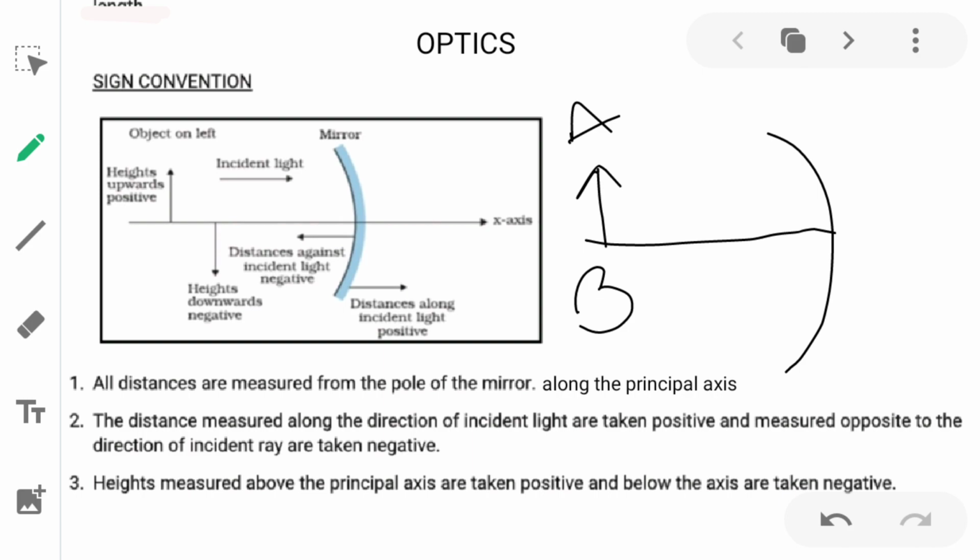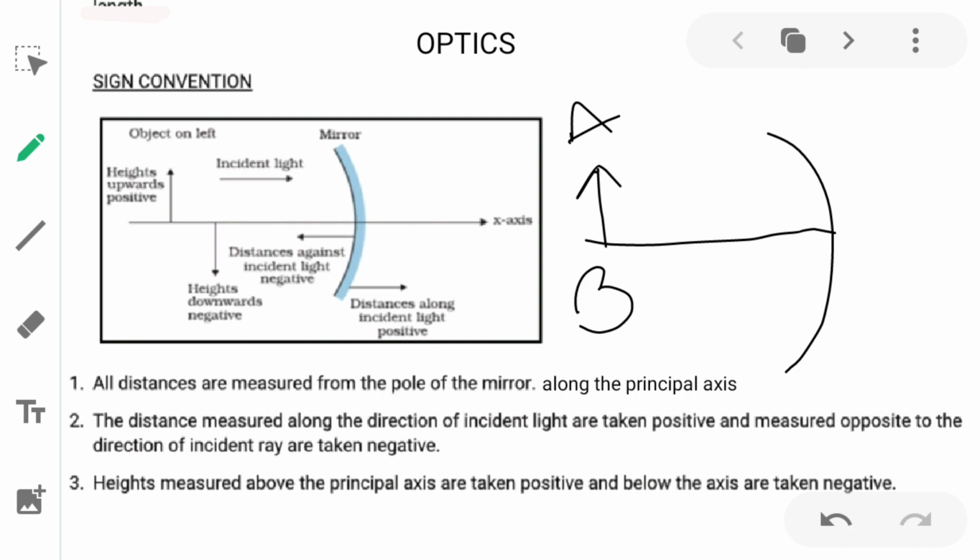So the distance at which the object is placed in front of the mirror is called as object distance. Fine, but from which point of the mirror the measurement has to be taken? The question is from which point of the mirror the measurement has to be taken, and how the measurement has to be taken, whether it has to be taken positive or negative.